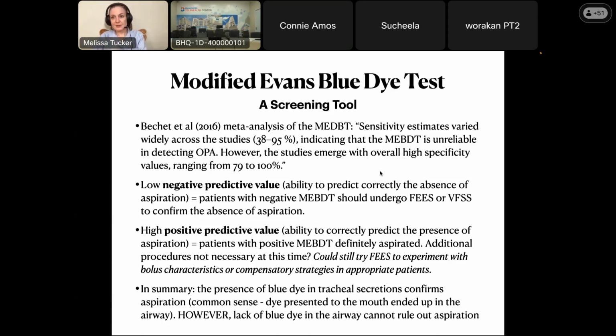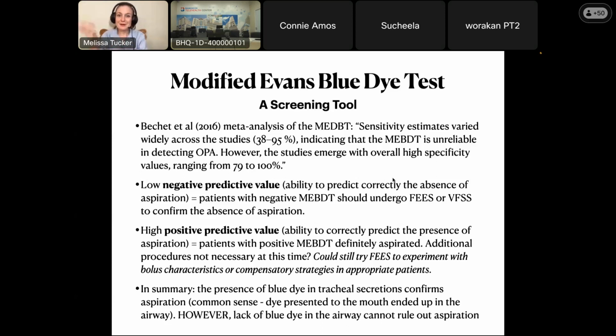But you do know that those patients are at least at risk for aspiration, or that they may need some additional measures to prevent aspiration. So in summary, lack of blue dye in the airway cannot rule out aspiration, but the presence of blue dye in tracheal secretions confirms aspiration.